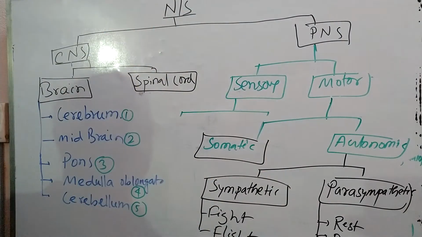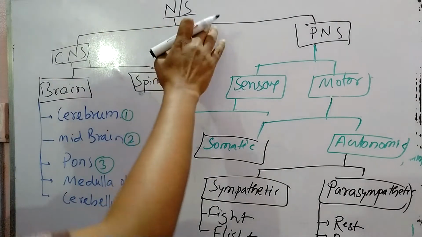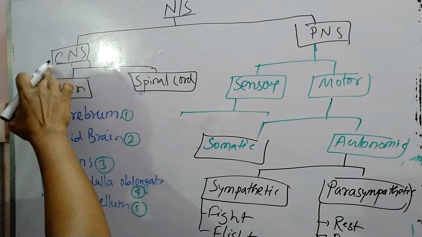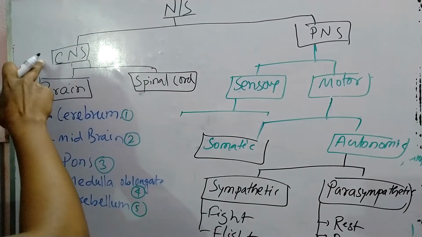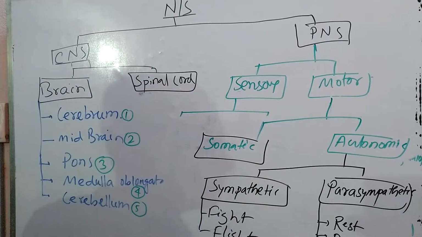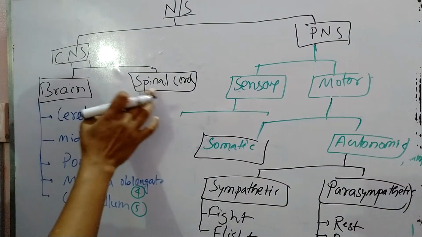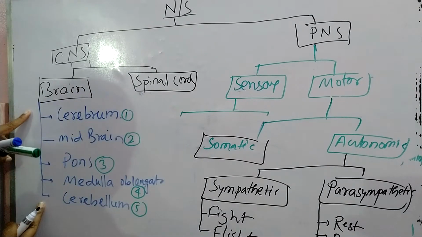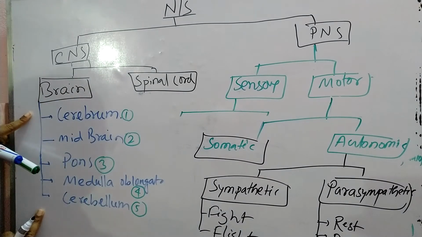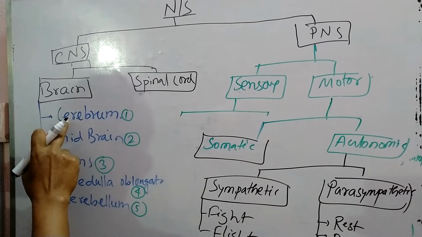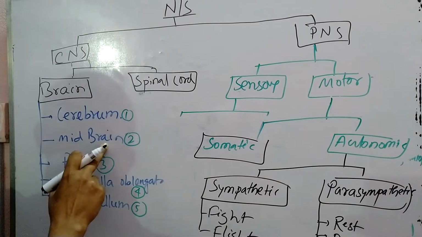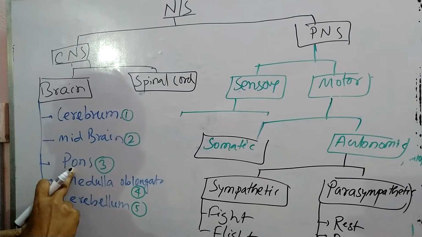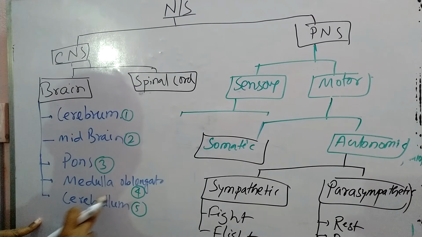So in short, again, the neuroanatomy basic part: nervous system, two groups, central nervous system and peripheral nervous system. The central nervous system has two parts, brain and spinal cord. The brain has three parts: forebrain, midbrain and hindbrain, consisting of pons, medulla oblongata and cerebellum.